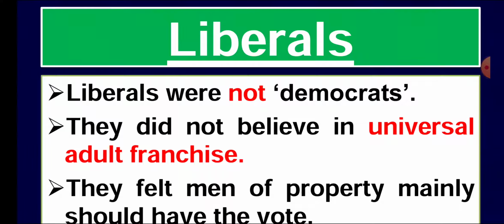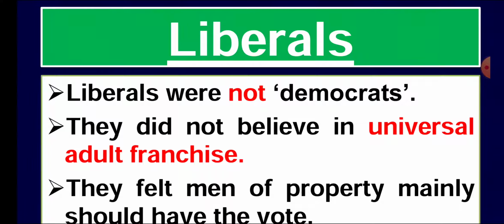Universal adult franchise means right to vote to those who are 18 years and above. These liberals were not democrats, because this is one of the most important characteristics of democracy, that there has to be universal adult franchise.